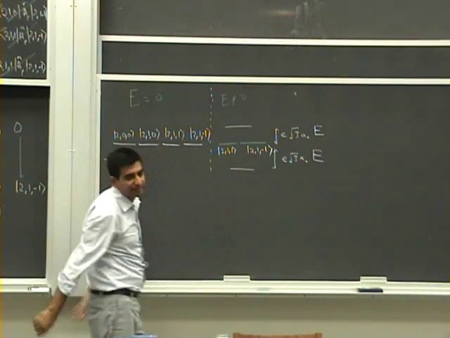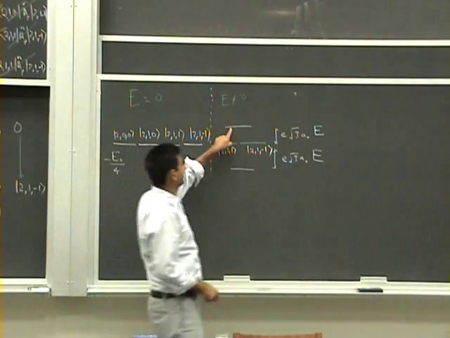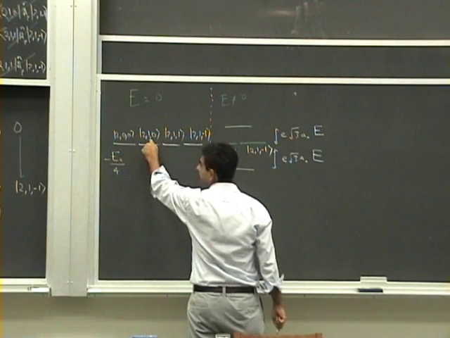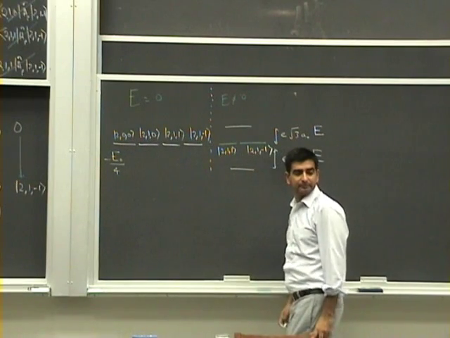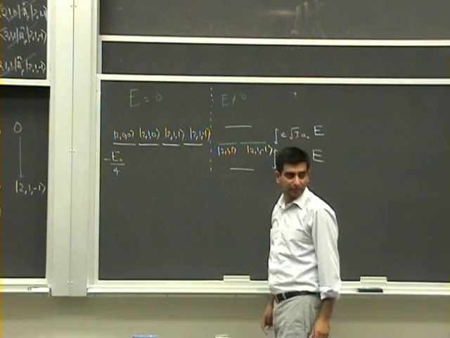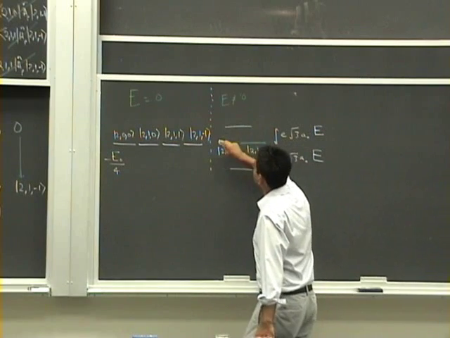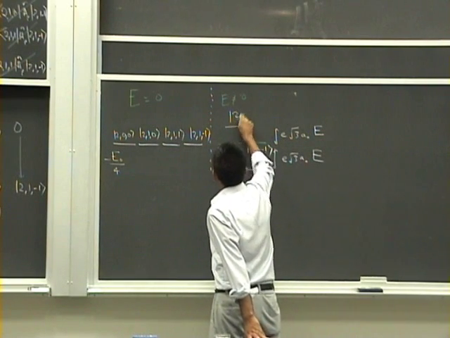This axis is the energy axis. Now, which state is this? It's not |2 0 0⟩, it's neither |2 1 0⟩, it's actually a superposition of these states. Okay. So this would be |2 0 0⟩.